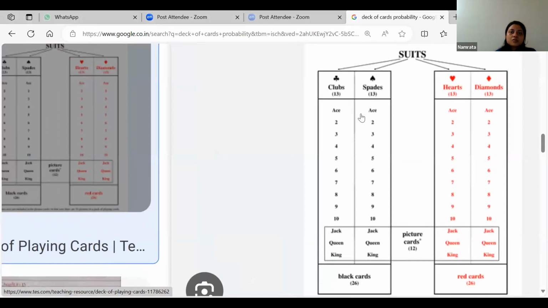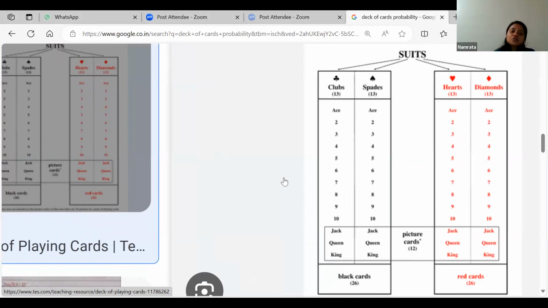So club is there, spade is there, heart is there, diamond is there. Heart and diamond both have 13 cards. Can you see? So a total of 26 red cards and a total of 26 black cards. Can you see it? Yes, ma'am.